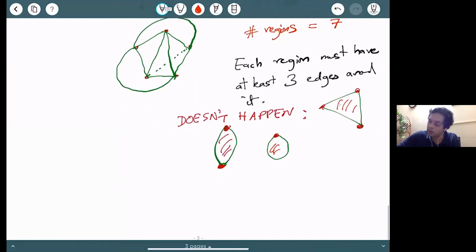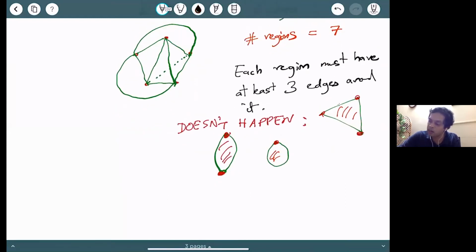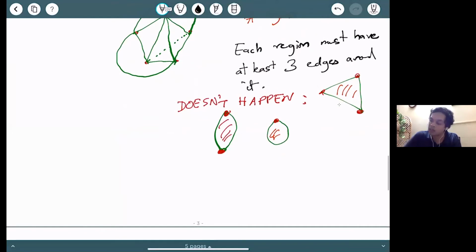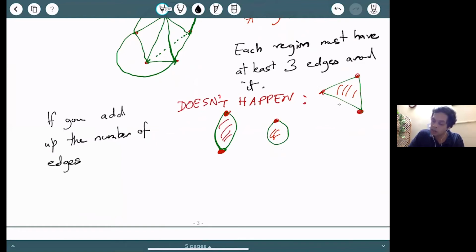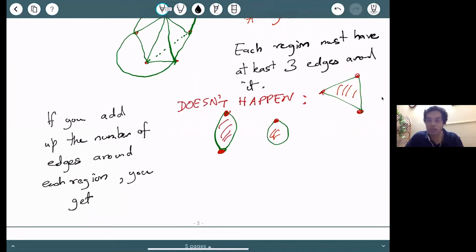Now if you try to count the number of edges this way, what happens if you add up the number of edges around each region? Can someone say what you get?